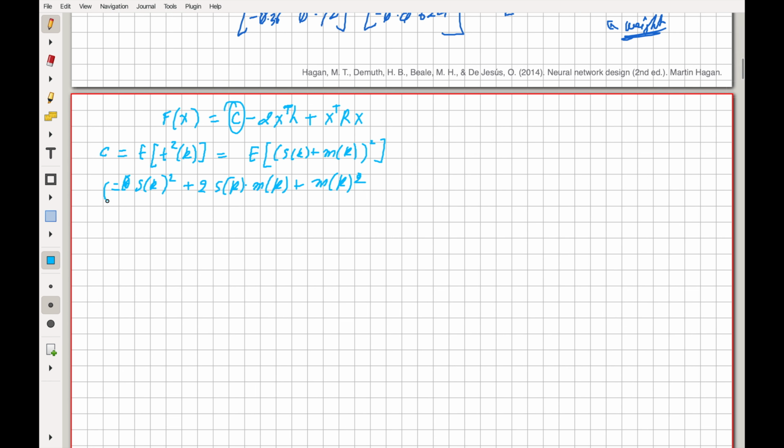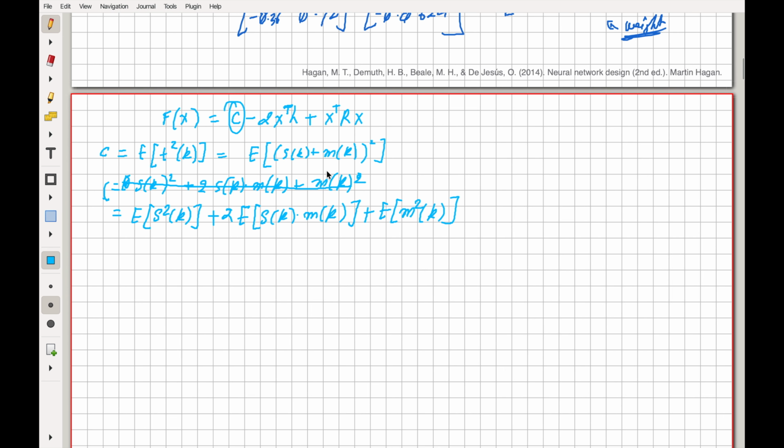So the way we would write this is expected value of s squared k plus 2, which can be outside the brackets, expected value of sk mk, and then plus expected value of m squared k. So we would write it like that.